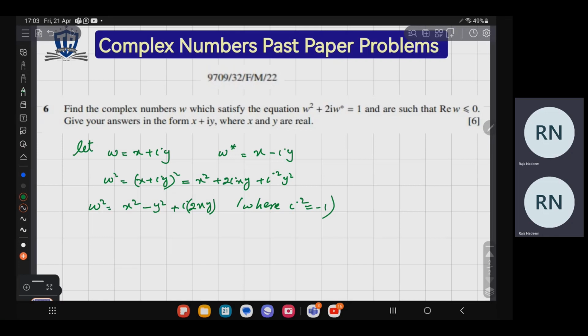So it becomes minus y squared, with no i with y squared, which means it becomes the real part. So you combine the real parts: x squared minus y squared is the real part, and the coefficient of i is the imaginary part.